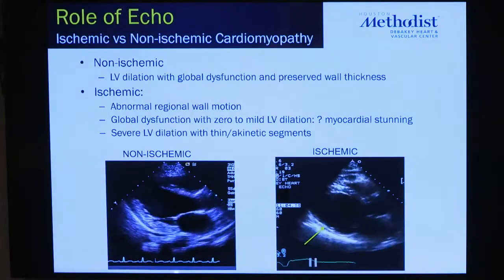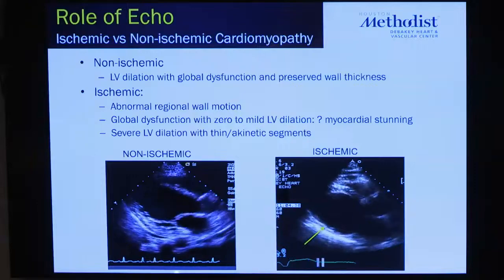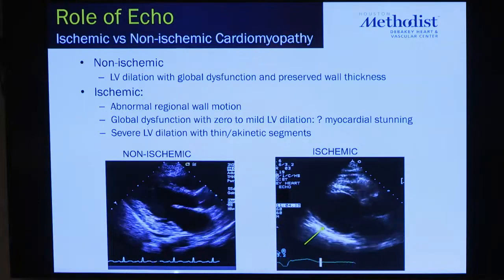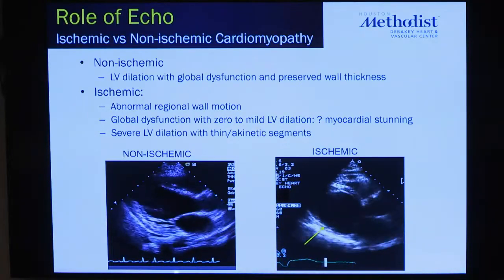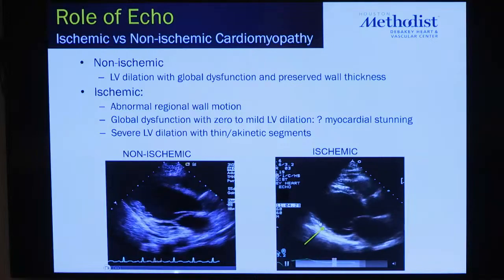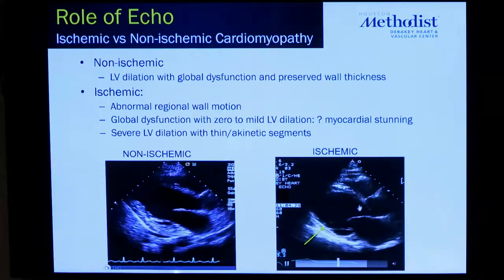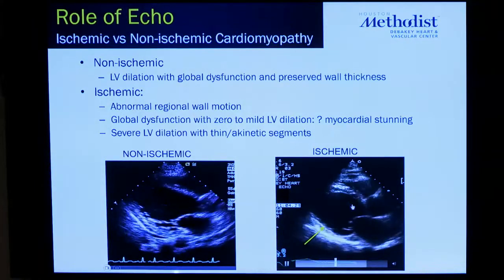So here we have a non-ischemic on your left and an ischemic on the right. Well, probably ischemic. So why do we think probably ischemic? Because you see a very thin inferior wall that is akinetic or dyskinetic, and then this part here is hypokinetic in an enlarged heart.